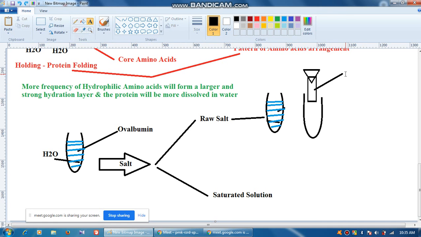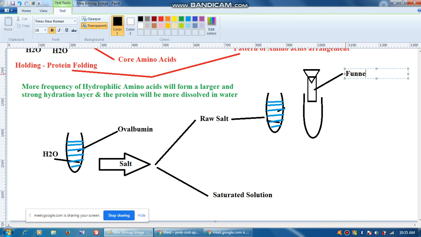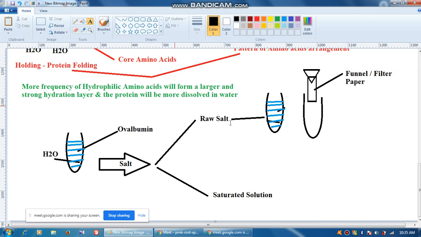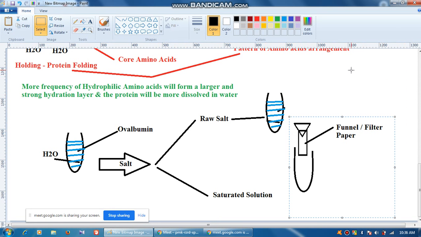Now I think some of you can remember the funnel and filter paper. Now see carefully. I'll put it in the middle, because for both of these we have to do the same thing all over again.